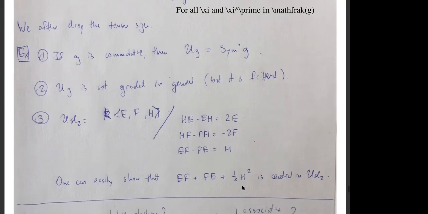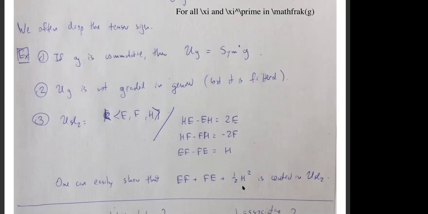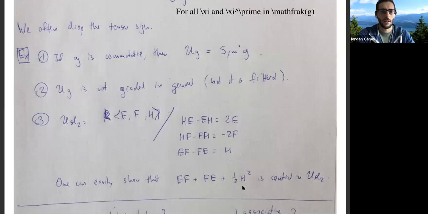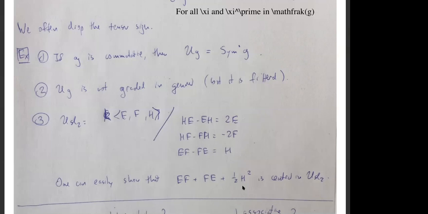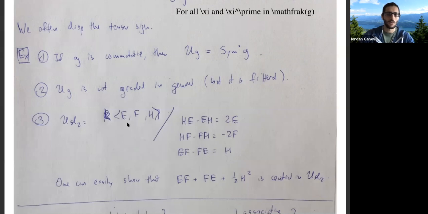What did you quotient by? Those relations we already have before. Not quite, because what we did was take the free algebra on E, F, and H. There are no relations in the free algebra.